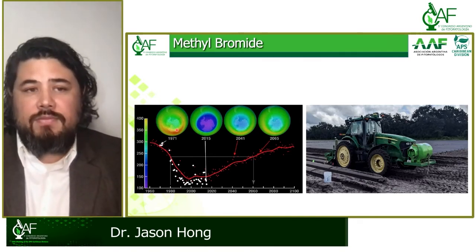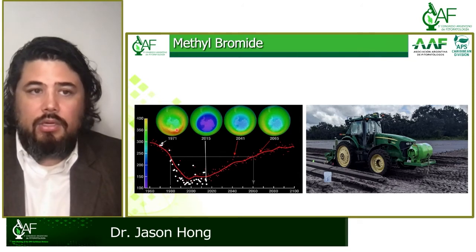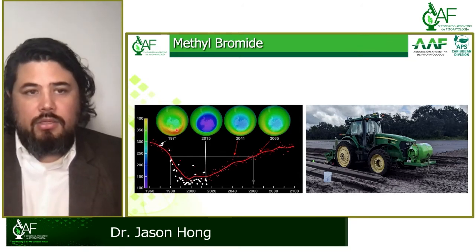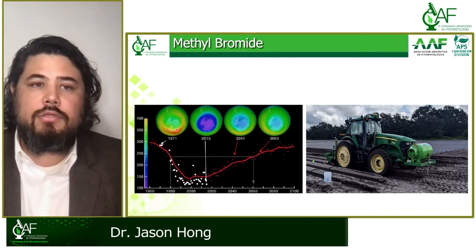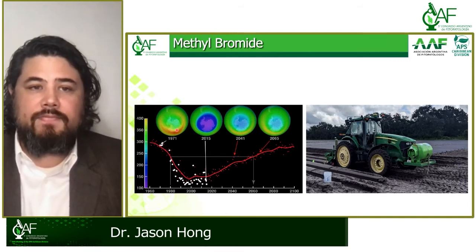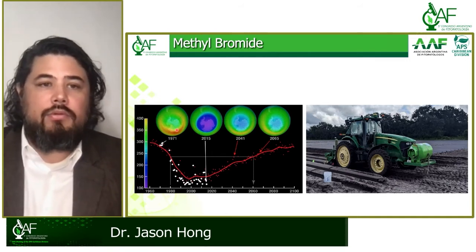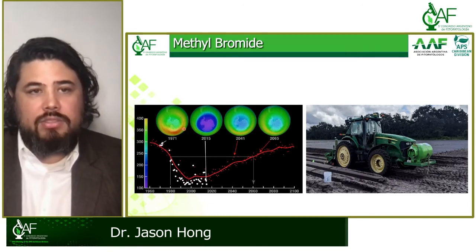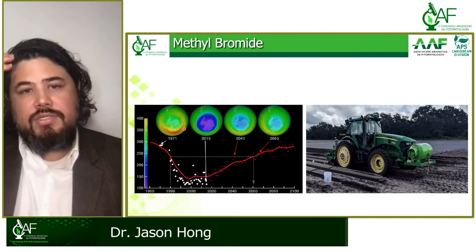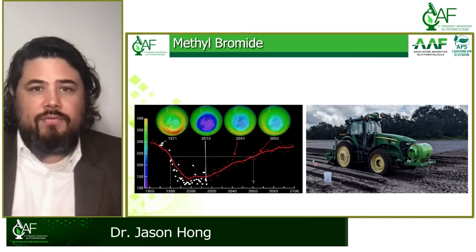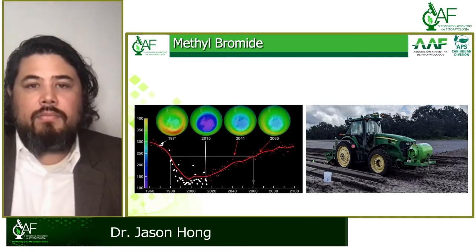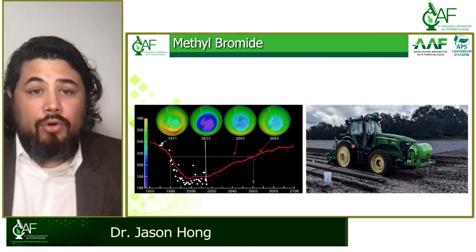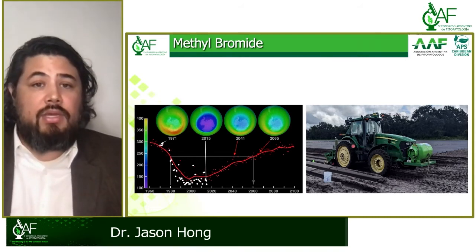It was one of the first times that all the countries of the world got together collectively to control a substance. Recent research shows that the ozone hole has stopped growing. It's now stable and starting to decrease a little bit. However, this left growers with a large problem because they relied heavily on methyl bromide to control these soil-borne pests and pathogens.